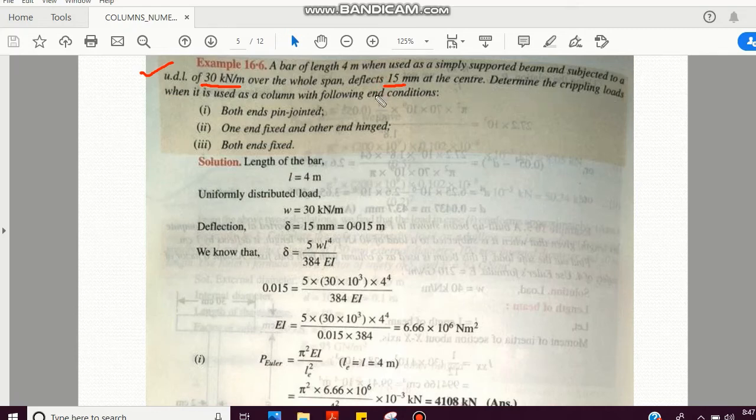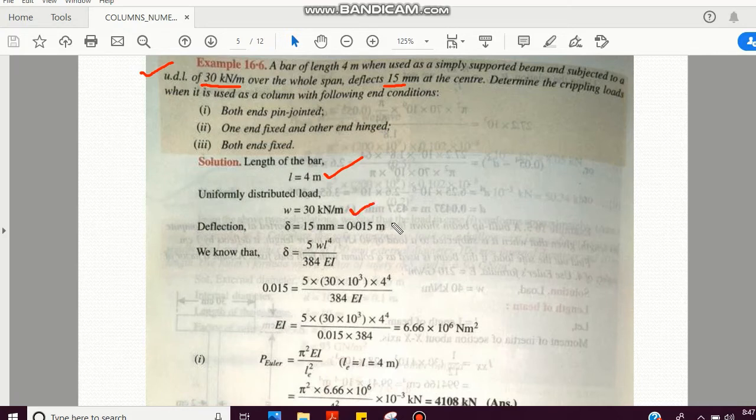Find the crippling loads when it is used as a column with the following end conditions: both ends pin jointed, one end fixed and the other end hinged, and both ends fixed. So first of all, the length of the beam is 4 meter, and the uniformly distributed load over the whole span is 30 kilonewton per meter.